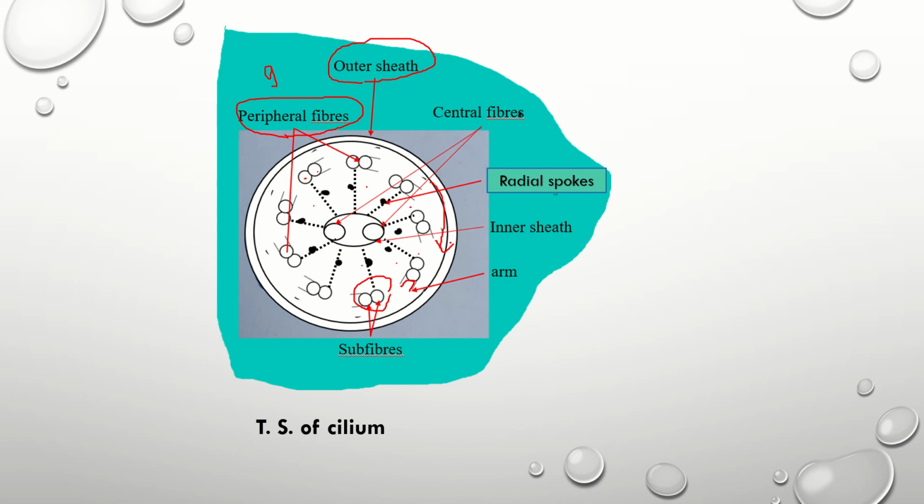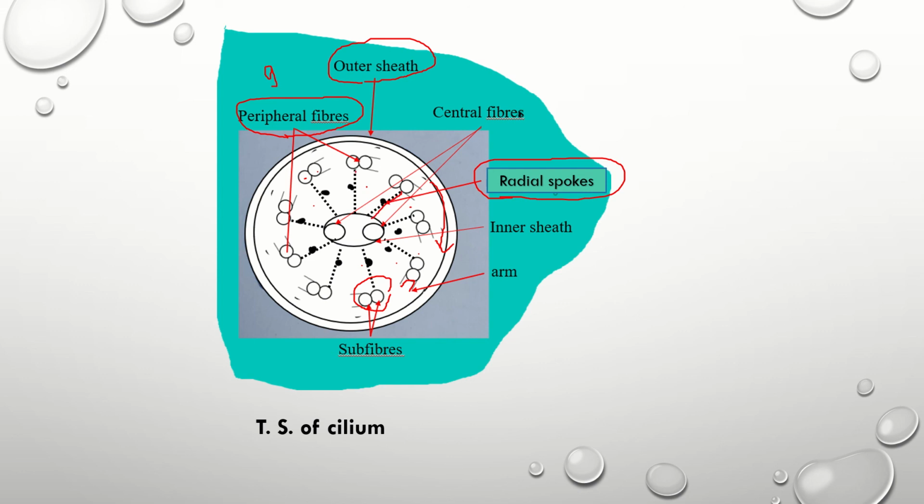Between the central and peripheral fibers, there are 9 accessory fibers, also called radial spokes.